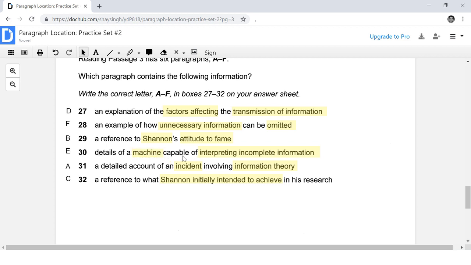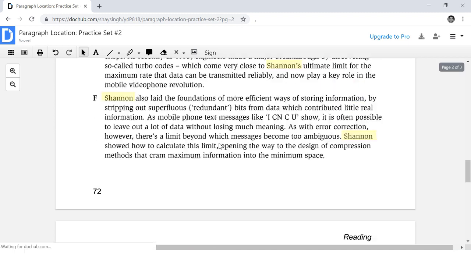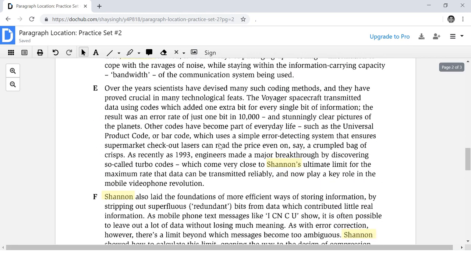It's talking about details of a machine capable of interpreting incomplete information. Let's just go ahead and double check that anyway. We are looking for something related to a machine. It's talking about technological feats. Maybe something there. Here is talking about an error detecting system that could be synonym language for machines. Lasers, it's talking about lasers also.